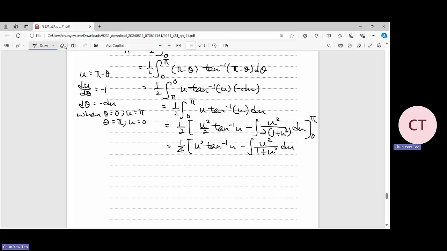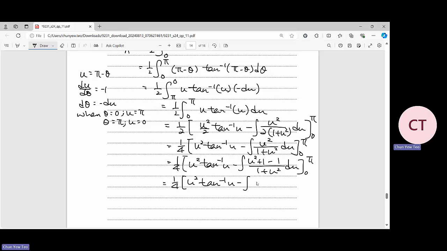So if we make it proper, from 0 to pi, we can make it become u squared arctangent of u minus the integral of (u squared plus 1 minus 1) over (1 plus u squared) du, which is u squared arctangent of u minus the integral of 1 minus 1 over (1 plus u squared) du, 0 to pi.